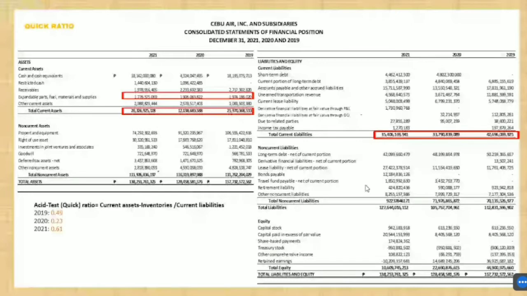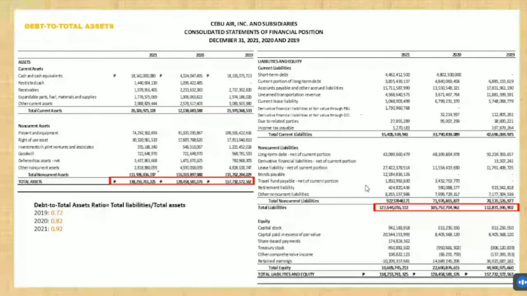Next, moving forward, we will now go to the financial leverage or debt ratios. Next slide. Under this, first is the debt to total assets ratio, wherein as you can see, the debt to total assets ratio increases from 2019 to 2020, which indicates that the amount of debt for every asset has increased.